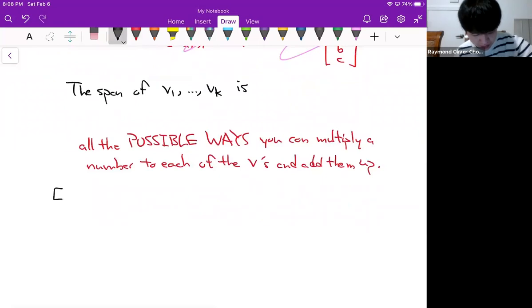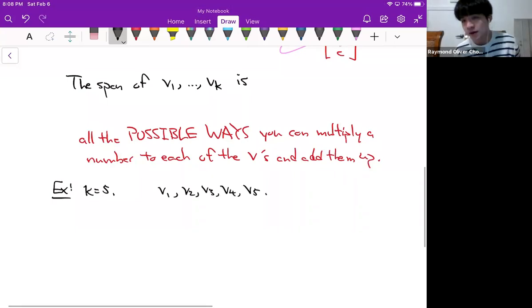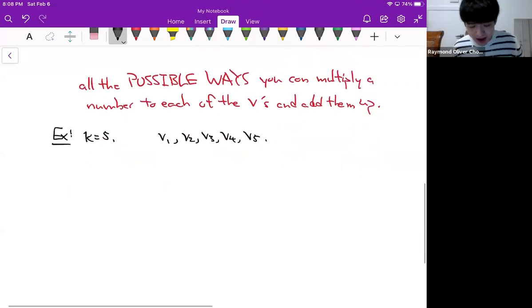So an example of this, let's say k is 5. So we're looking at a list V1, V2, V3, V4, and V5, right? I want to look at all the different ways I can multiply a number and add them up, right?